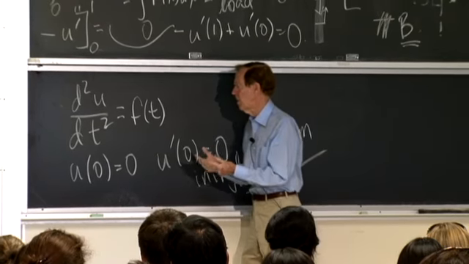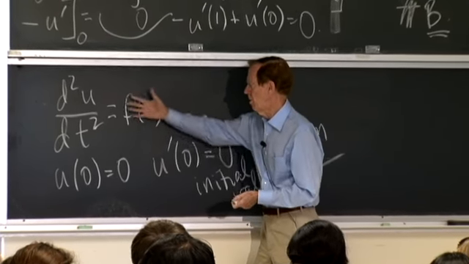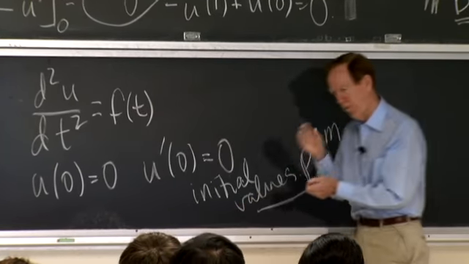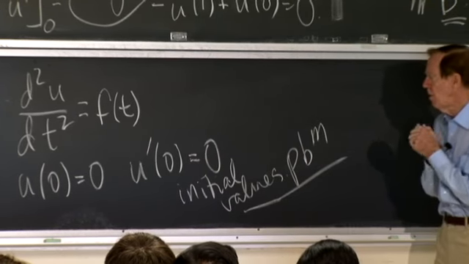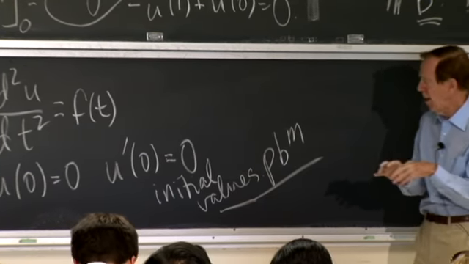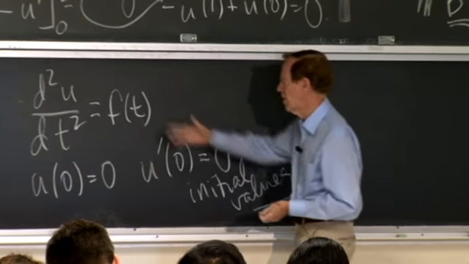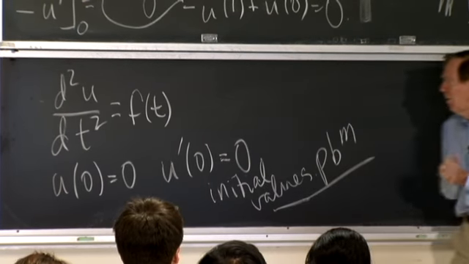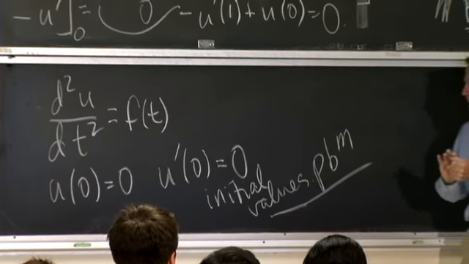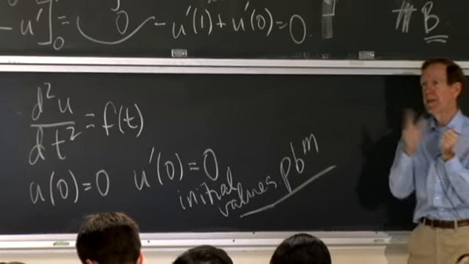Tracking a planet or a satellite, you're solving equations like this forward in time. You know the initial position, and you know the forces acting on it, probably gravity, and you go forward in time.